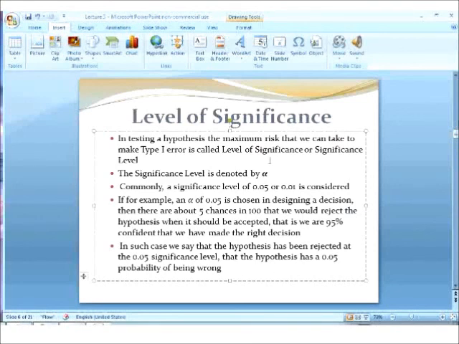So if you are 95% confident, then your level of significance or your alpha value is 5% or 0.05. If you are 99% confident, then your level of significance or alpha value is 0.01. And if you are 90% confident, then your significance level or alpha value is 0.1.